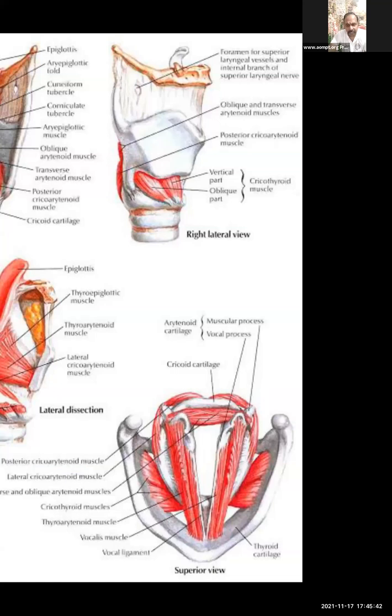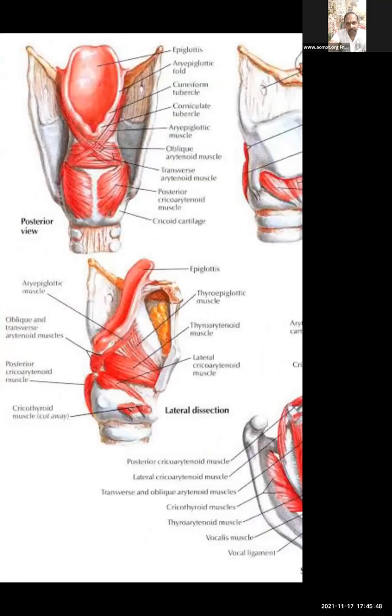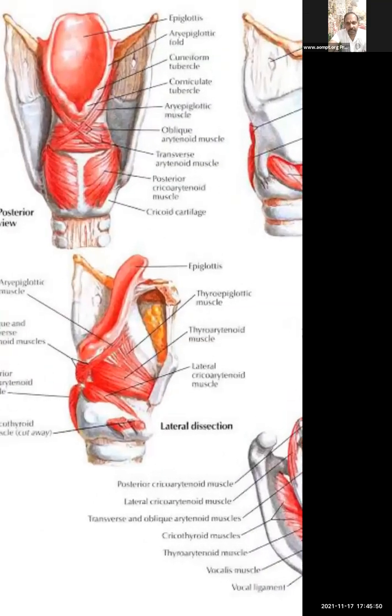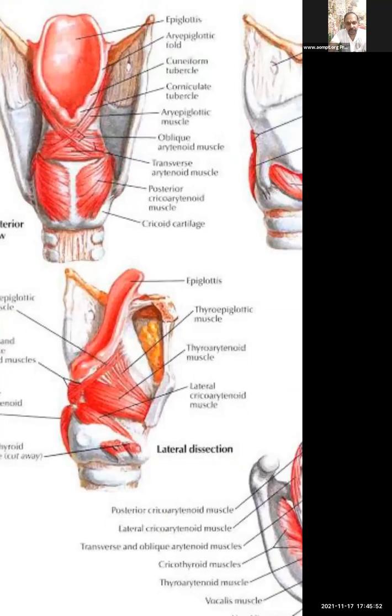Pardon, the clarity of the text is not that good. Then you see the oblique arytenoid and transverse arytenoid in the frontal view. Pardon me, I've just written over the text. Oblique, transverse arytenoid muscles.